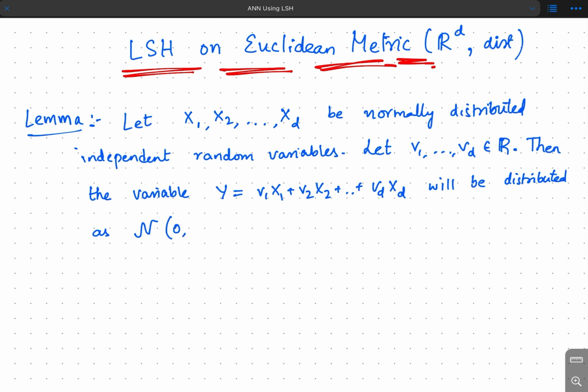The mean will be 0 because all of x1, x2 and so on have mean 0, they are normal, but the variance will be given by norm v square, where v is a vector given by v1, v2 and so on vd.